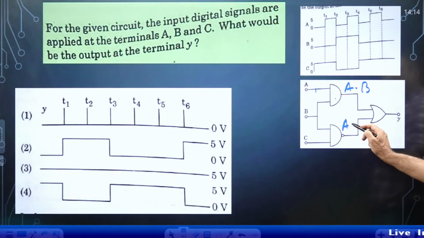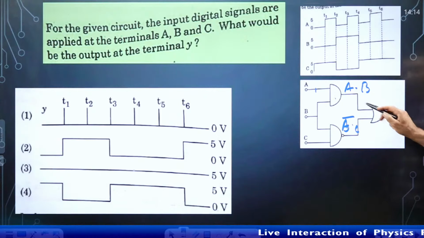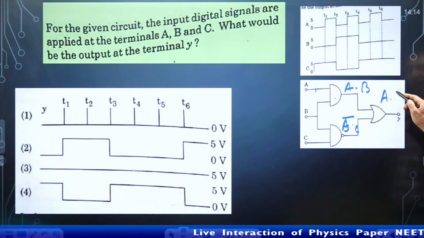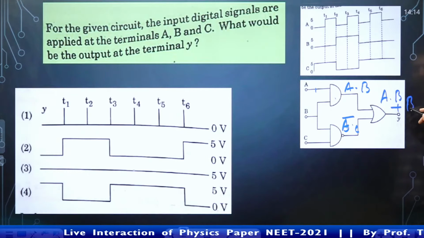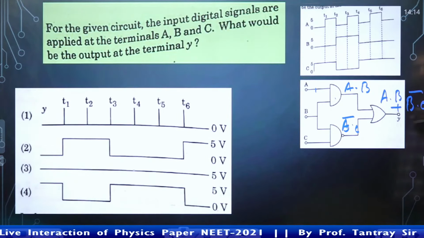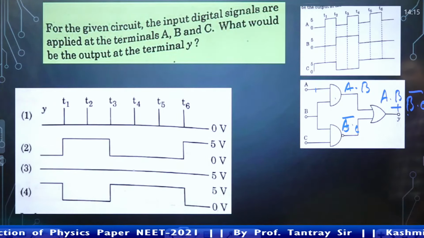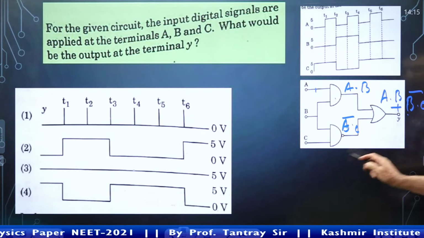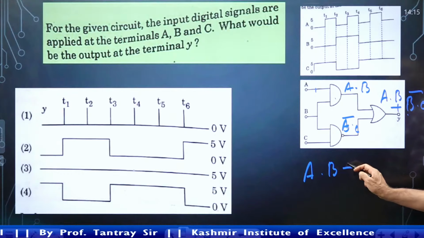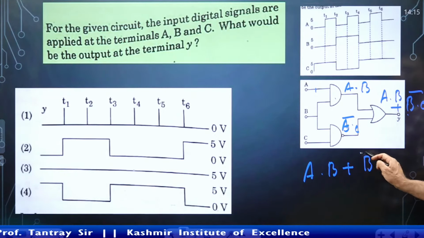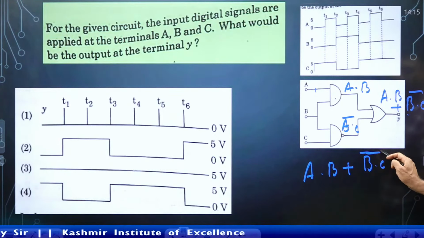So A, B, NAND C. This is OR of these two. That's A and B, or B and C NAND. This is the output equation I have, A.B or NAND of B, C. Right?